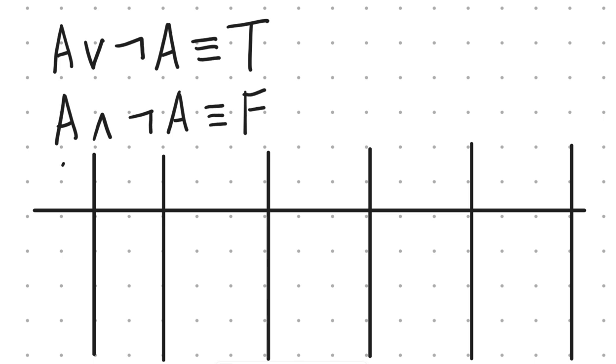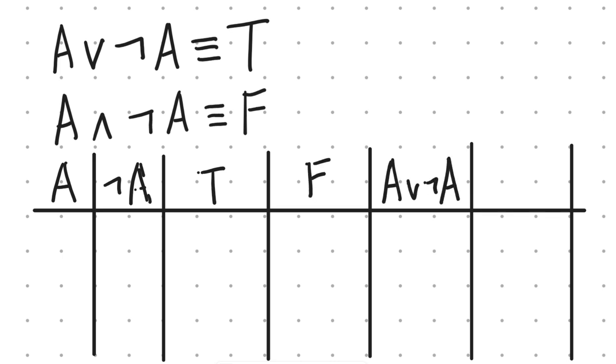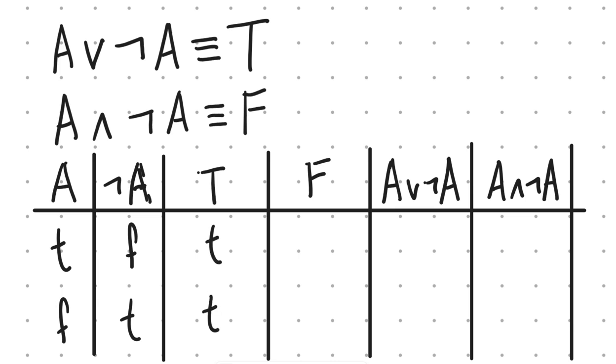So let's take A here, negation of A here, the true statement here, and the false statement here. Then combine A or not A and A and not A to show the formulas afterwards. So A can be true or false. Not A is the negation of A. So for every true statement, it's a false statement, and for every false statement, it's a true statement. Then the true statement is true for everything, and false is false for everything.